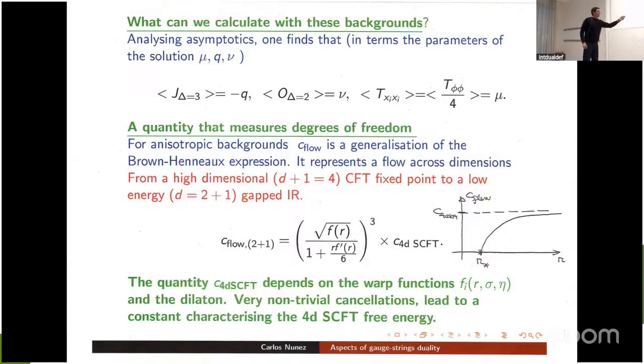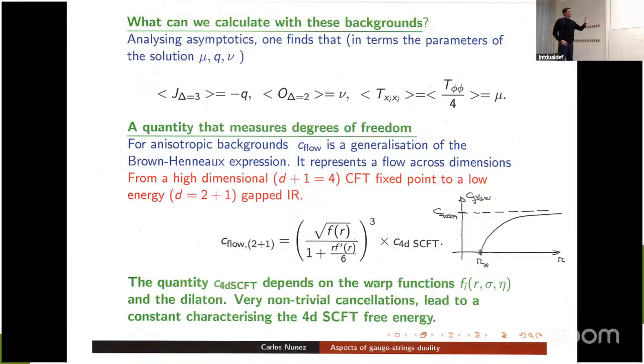As you take it to the interior, this starts to decrease, is monotonic, and ends up at 0 because at some point this function f vanishes. So in the far IR, there are no degrees of freedom. This calculation is quite non-trivial. There are many cancellations that happen, but everything in the end manages to accommodate in that way.